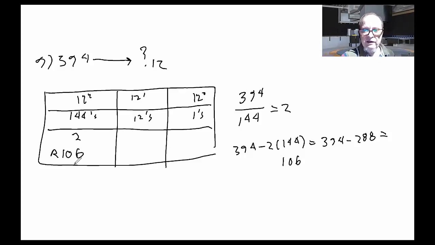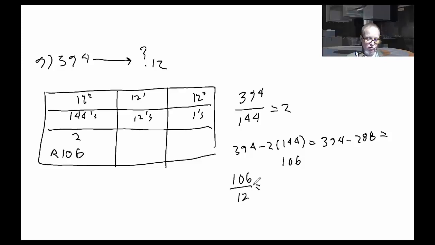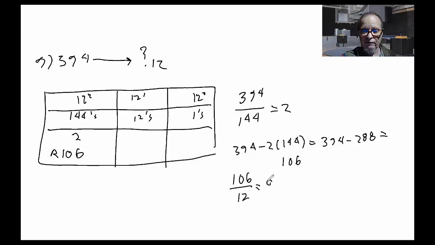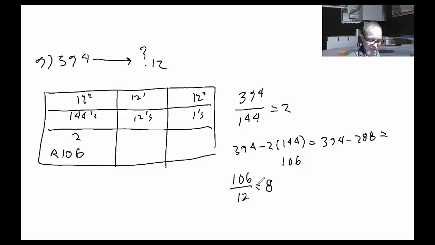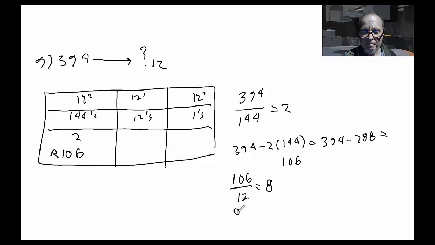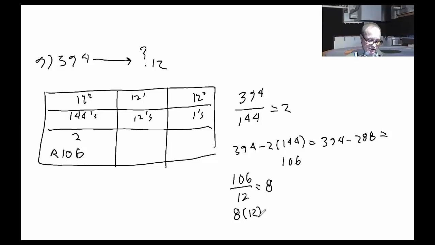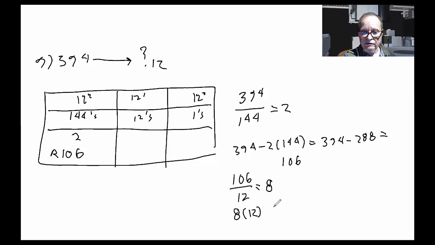Now we want to see how many whole 12s are in 106 without going over it. It turns out that there are 8. So 8 times 12 is equal to 96.